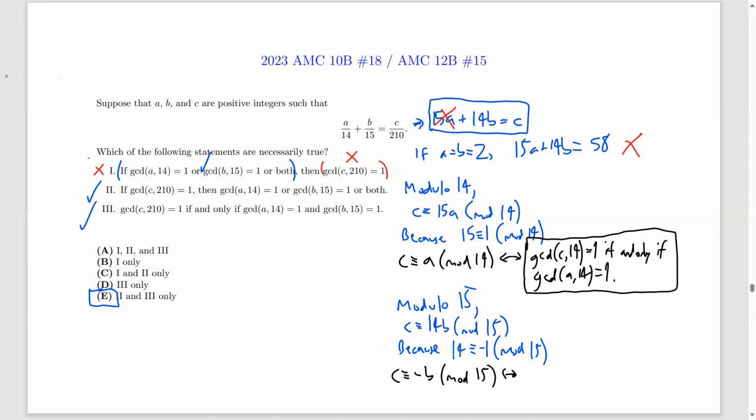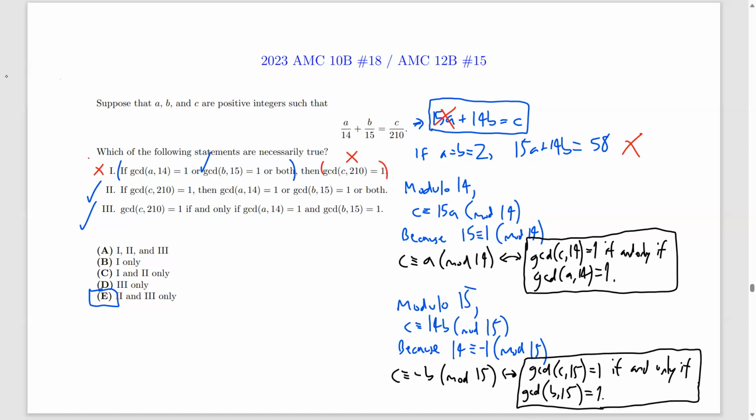Now this is pretty much exactly the same as the first statement we got, except there's a negative sign, which does not really impact anything. So we can actually state that the GCD of c and 15 equals 1 if and only if the GCD of b and 15 equals 1. So both of these boxed statements have to be true.